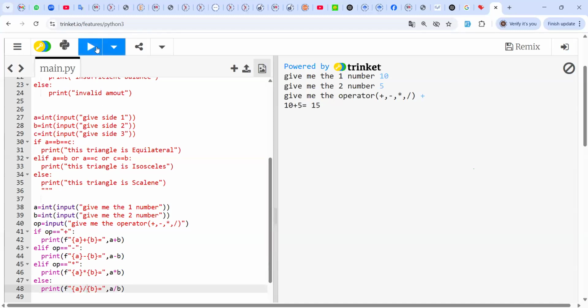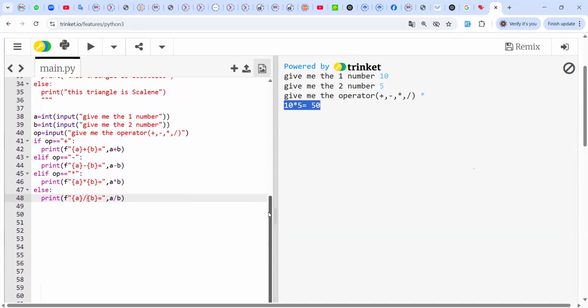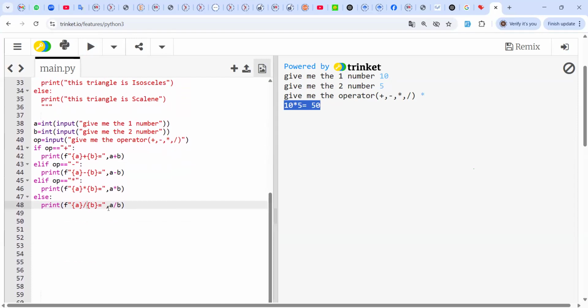Okay, guys, we are going to run again with the same numbers. Now, let's say we want a multiplication, and the multiplication goes smoothly. There is no problem in here. Is it clear, guys?